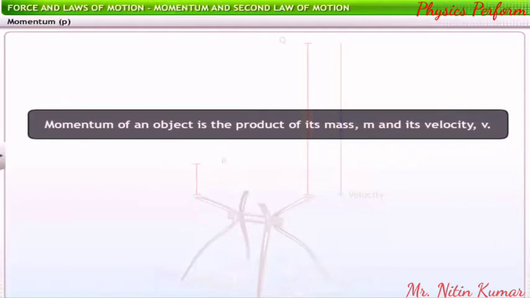The momentum of an object is the product of its mass, m, and its velocity, v. It is denoted by the small letter p. Thus, you can express momentum as p is equal to mv.